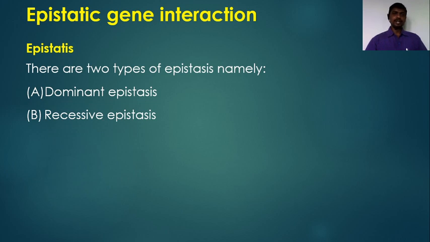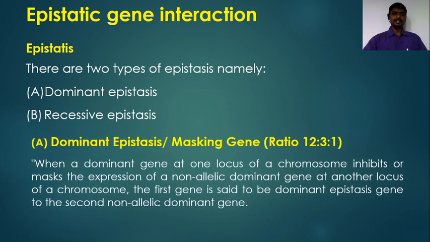So what happens in the case of dominant epistasis? When a dominant gene at one locus of a chromosome inhibits or masks the expression of a non-allelic dominant gene at another locus of a chromosome, that is referred to as dominant epistasis.